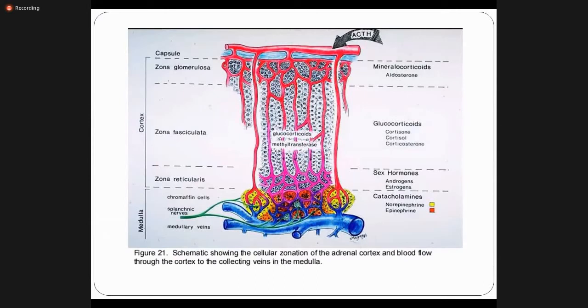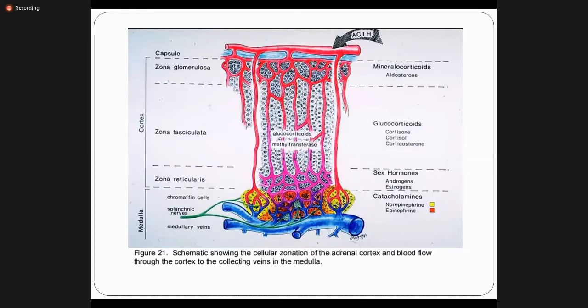So again, we have already discussed the different layers of the adrenal cortex. The zona glomerulosa, the outermost layer, is responsible for releasing aldosterone, and the zona fasciculata, the middle layer, is responsible for releasing glucocorticoids, which include cortisol, cortisone, and corticosterone.